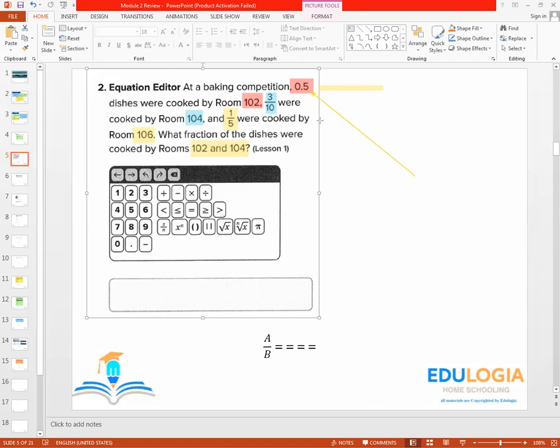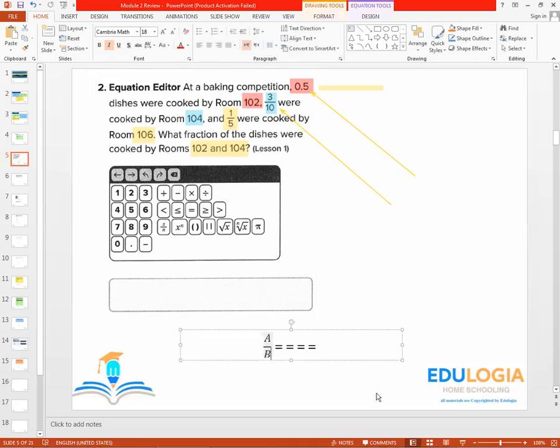102, it's 0.5. 104, it's 3 over 10. He asked for dishes cooked by rooms 102 and 104. So it's an addition problem now. I have to perform addition.